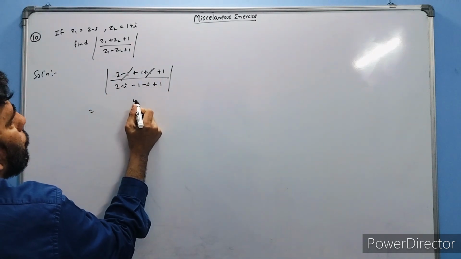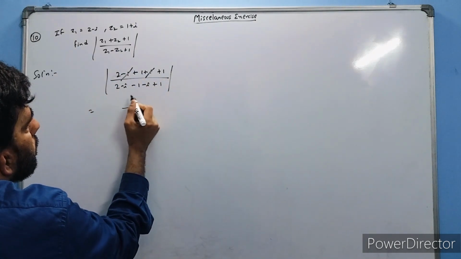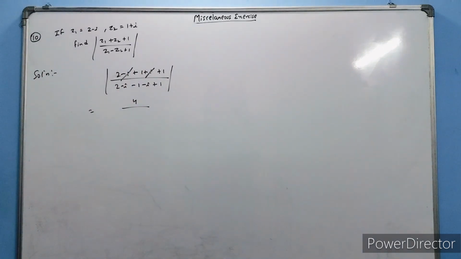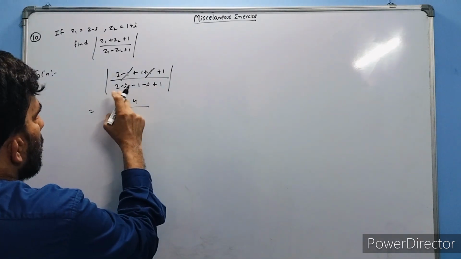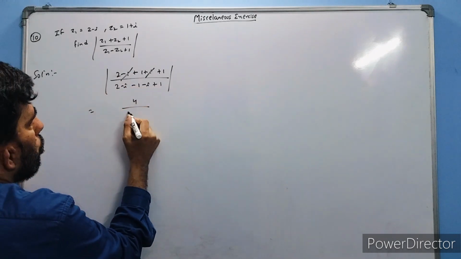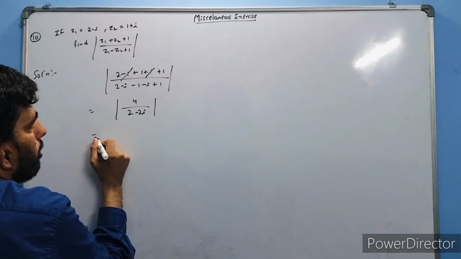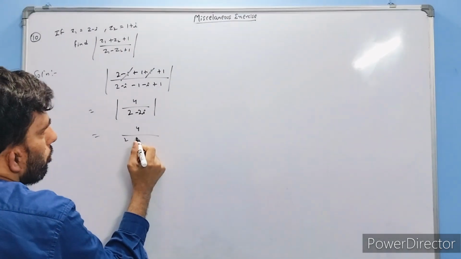So it will have 4 upon, reducing, 2 plus 1, 3 minus 1, 2, 2 minus 2i. Okay, so I have this 4, I can take 2 common, 1 minus i.